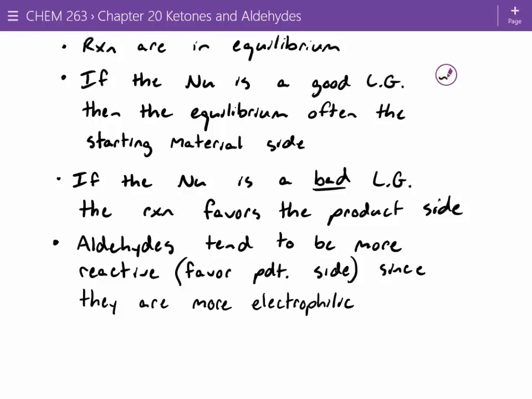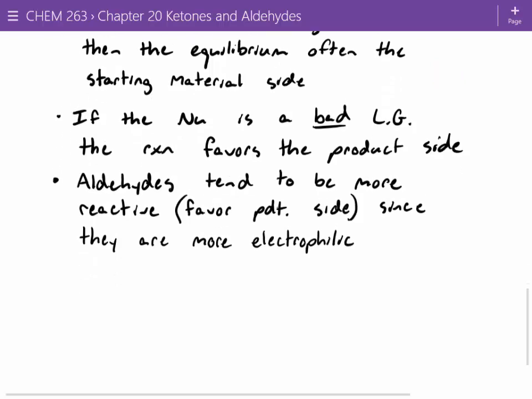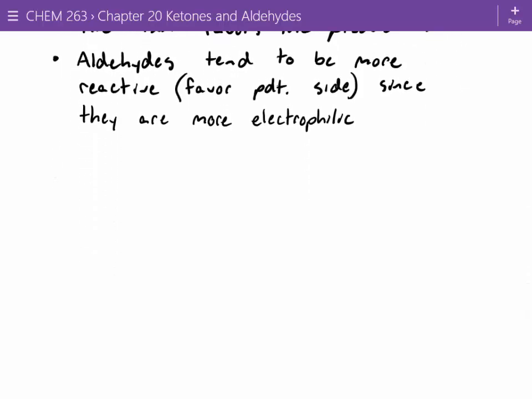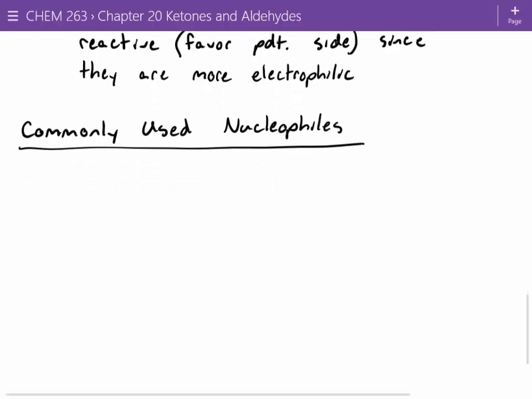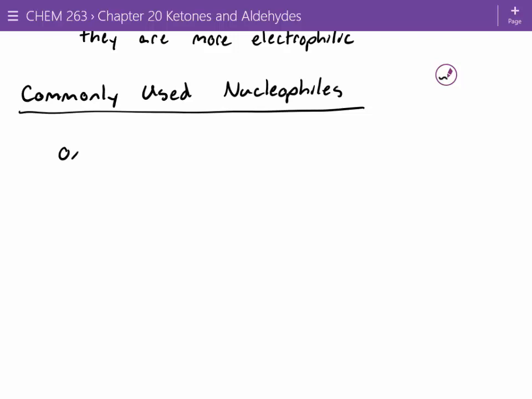All right, so now let's think about what nucleophiles we can use for these reactions. All right, let's start with oxygen. What would be a common nucleophilic source of oxygen?